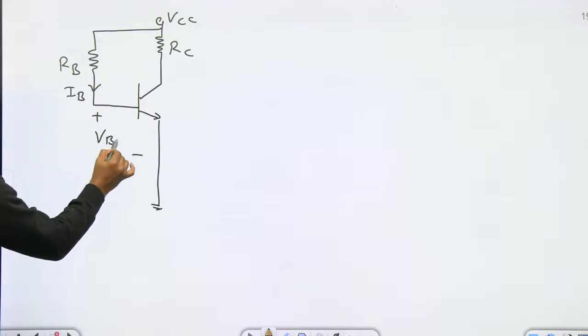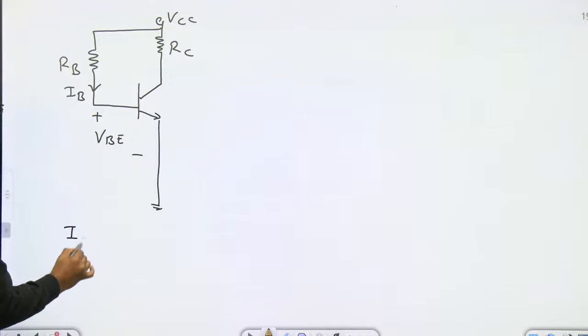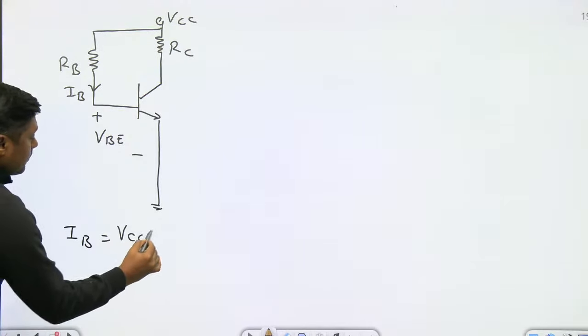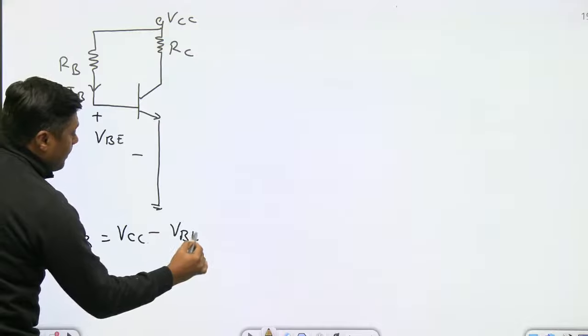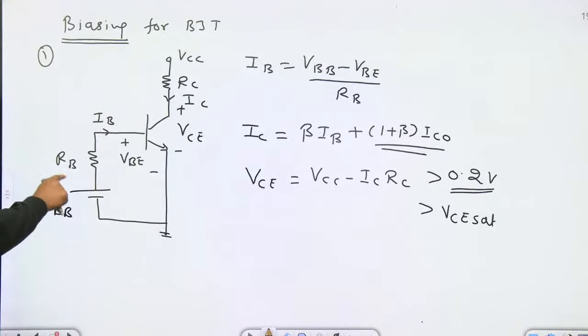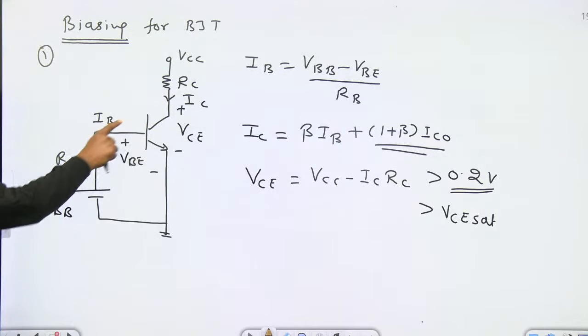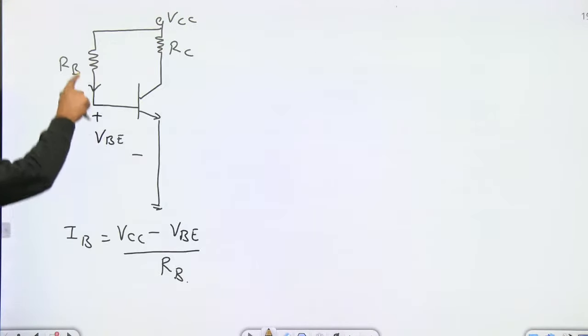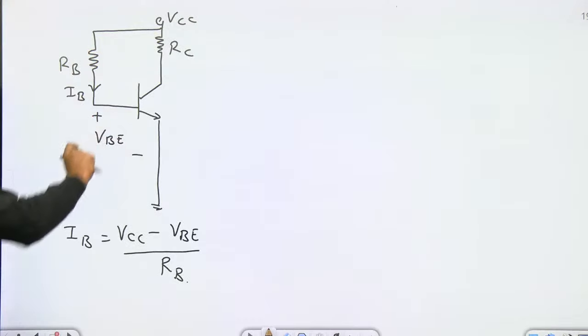The formula for IB will become VCC minus VBE upon RB. Here we are connecting VBB minus VBE upon RB. Here we are giving VCC minus VBE upon RB.